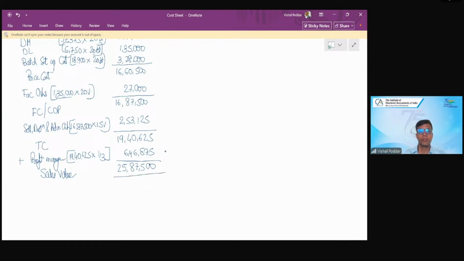Correct? This I think Ishan had given me long back, 2,587,500. Ishan, perfect. Manivan gave me the same. Shifimol gives me the same. Super.